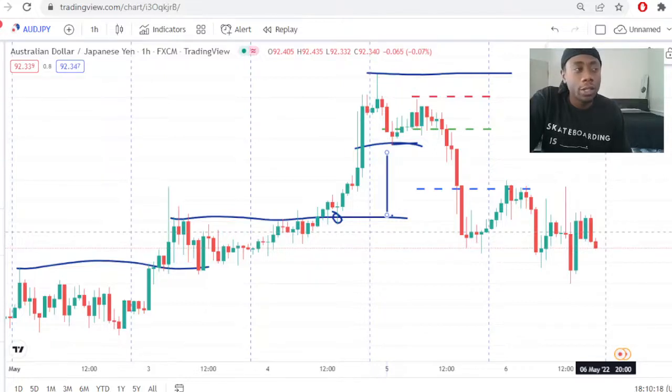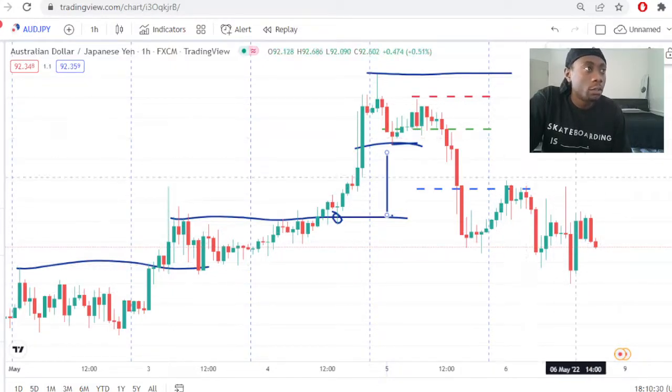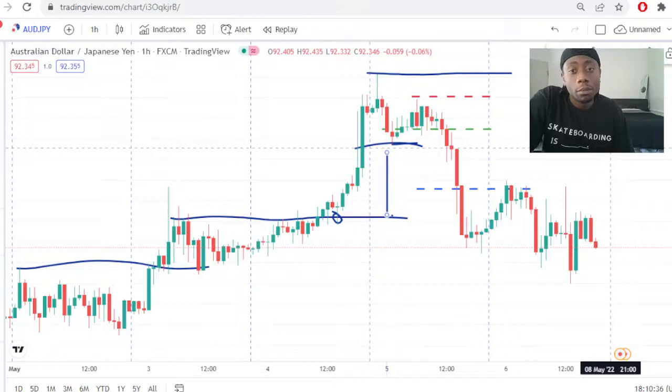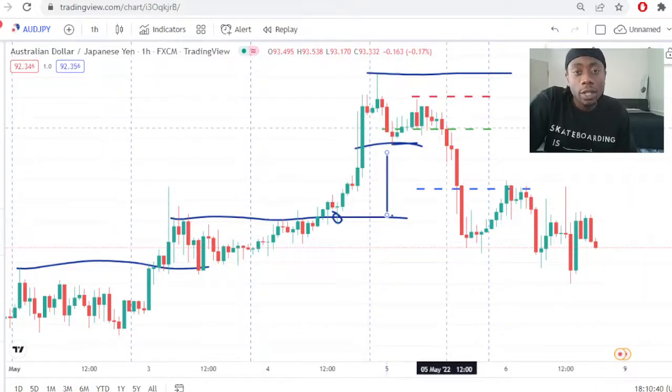I figure let it do its thing. By the time Sunday comes around and the market opens back up, we should be able to see either continued momentum towards the downside, or perhaps see this range break back into the upside and the market come around here. But at this point, we're out, and that was pretty much the trade breakdown.